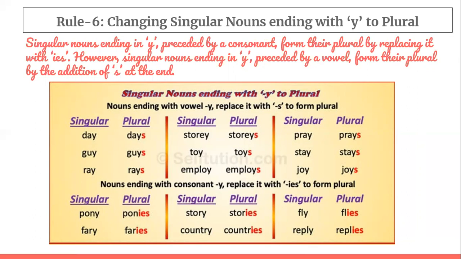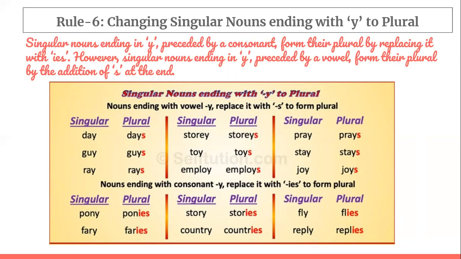Okay, so you can select any 2 to 3 examples to write them in your notebooks. Also, you can save this video so you can repeat and refer to it again and again to revise your plural rules.